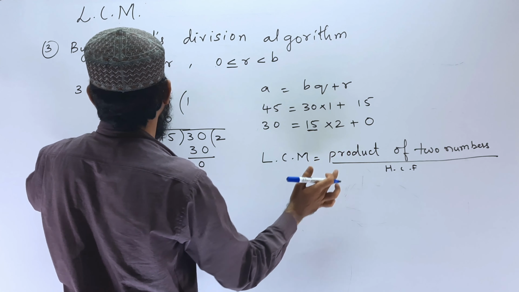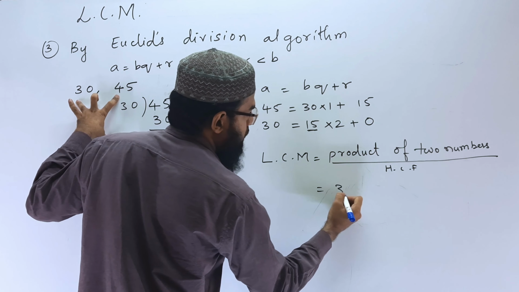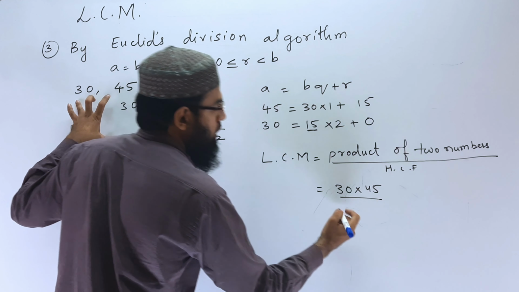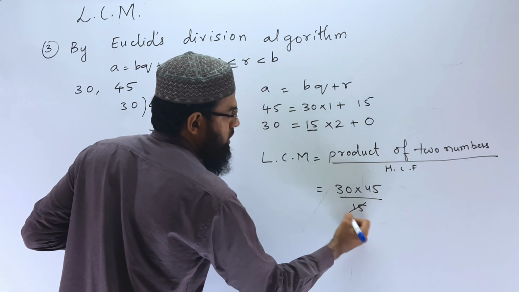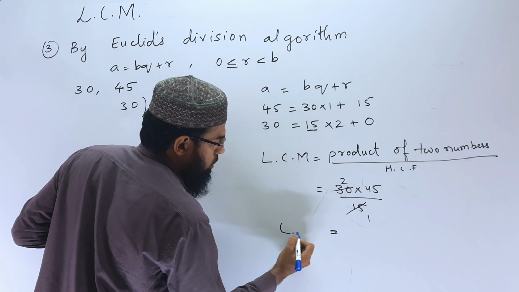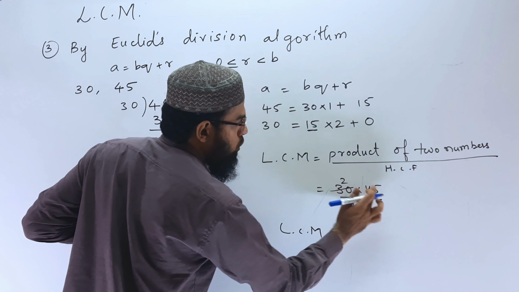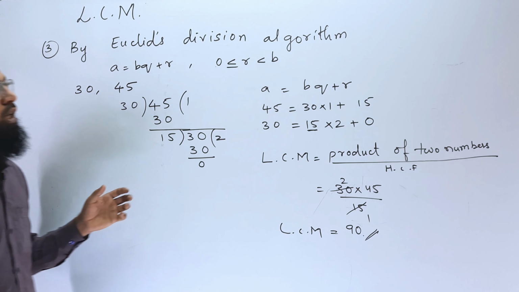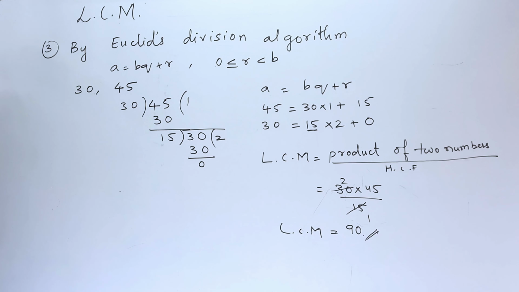So the product of two numbers is 30 into 45, divided by the HCF 15. 15 ones are 15, 15 twos are 30. So therefore the LCM is 2 into 45, that is 90. So this is the way we can find out the LCM.